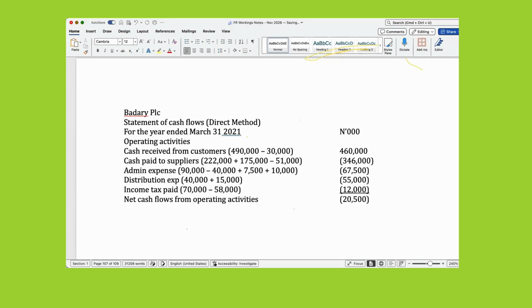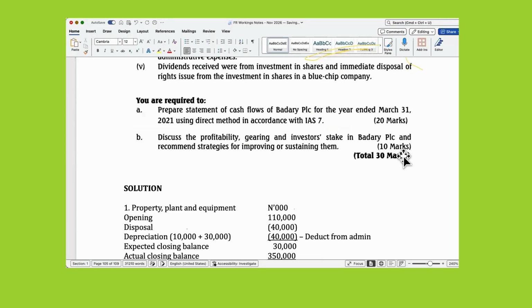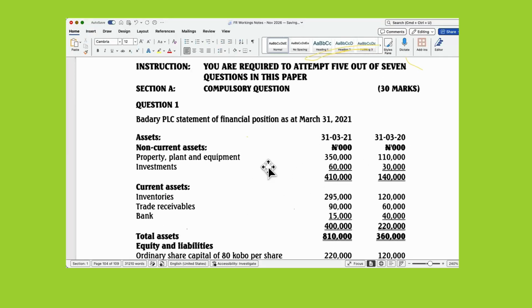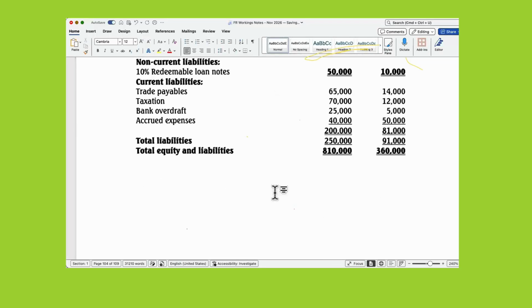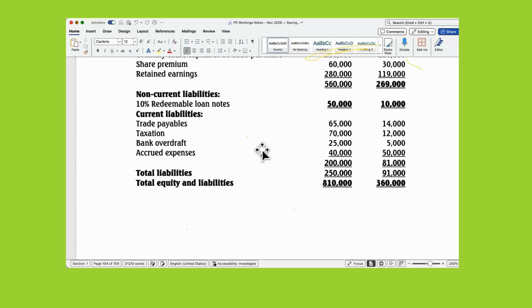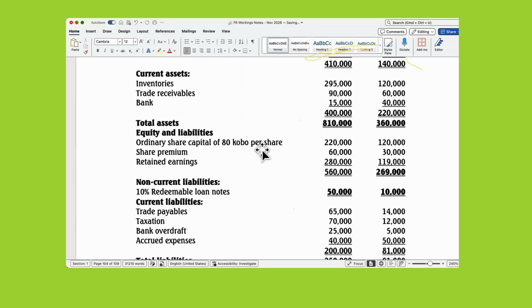Now, let's go to investing activities. I've already done all the movement also. And you know that I just need to work with the asset part of my statement of financial position. But before then, don't forget your dividend received in P&L of 153,500. And since I don't have any dividend receivable, that means it's entirely received.